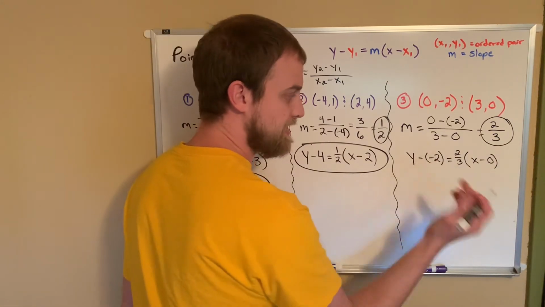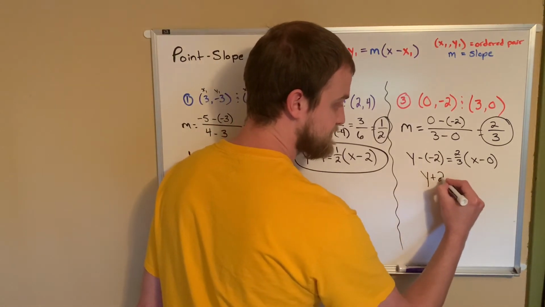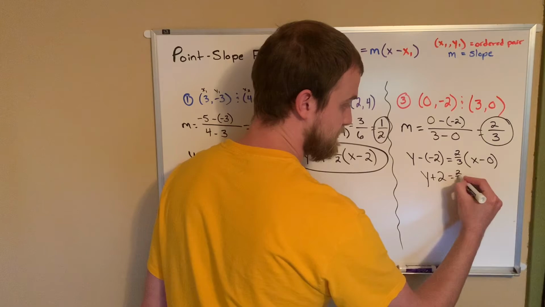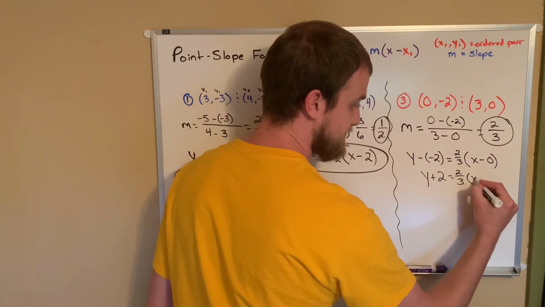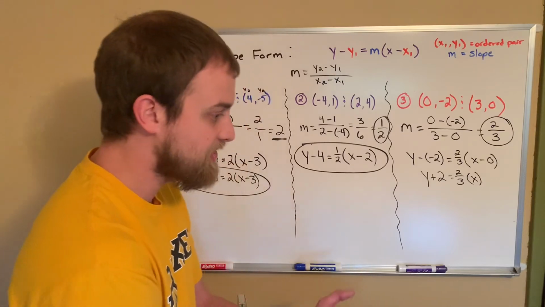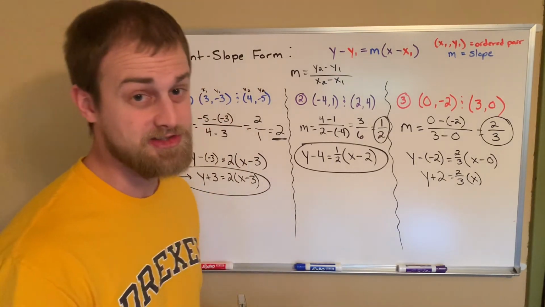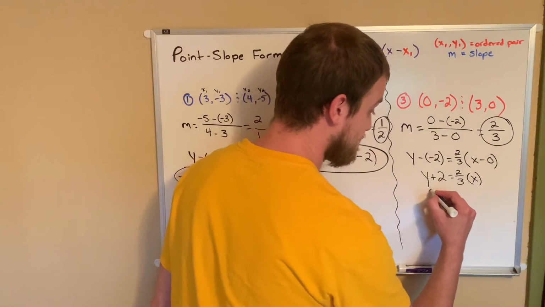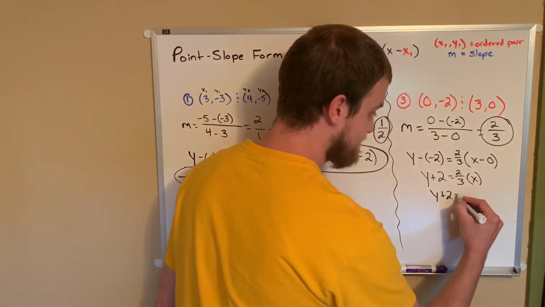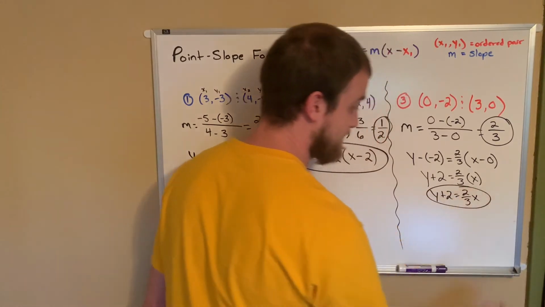Also we have the double sign here, so we can actually clean that up too. Y plus 2 equals 2/3 times x. Now even further, whenever you have just one thing in parentheses, unless that thing is negative, you can actually just get rid of the parentheses. So here we go. Y plus 2 equals 2/3 x, and this would actually be your final answer.